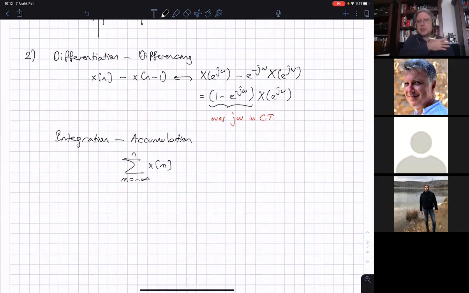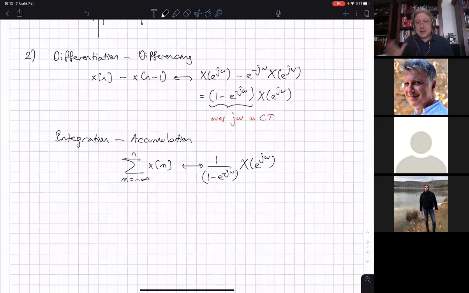So I'm accumulating all the way from minus infinity up to the time instant n. This accumulation will have the discrete time Fourier transform, which is equal to 1 over 1 minus e to the minus j omega, the inverse operation, times X of e to the j omega.